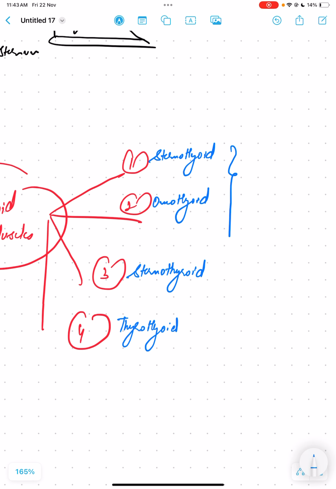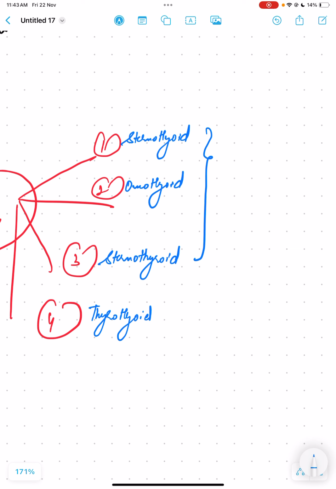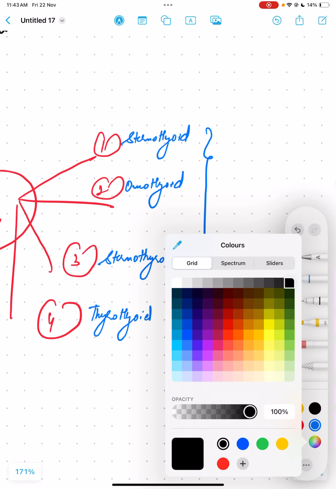The first three muscles, that is sternothyroid, omohyoid, and sternohyoid, are supplied with the help of ansa cervicalis.